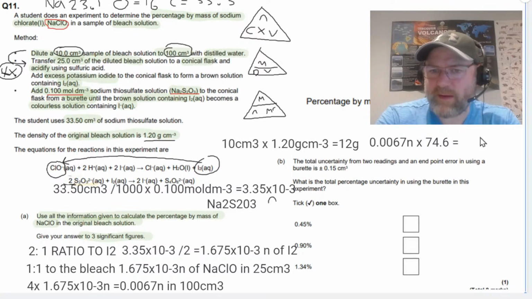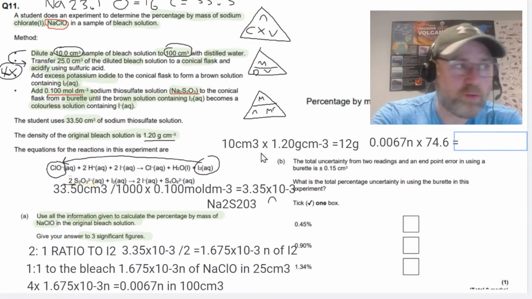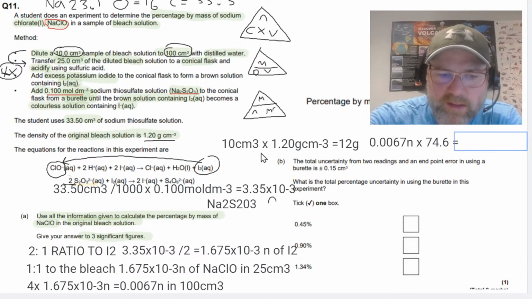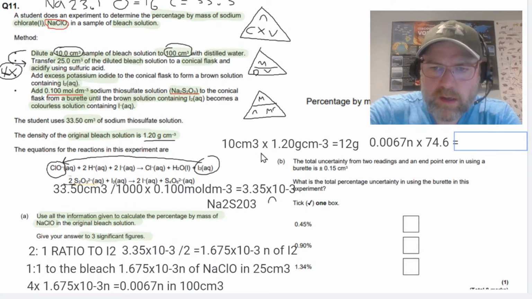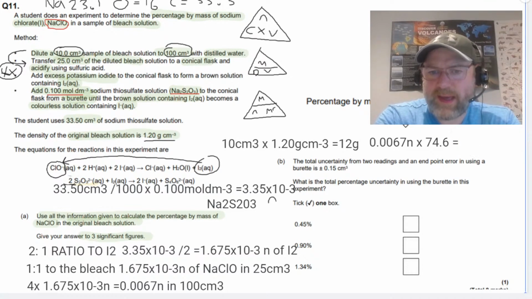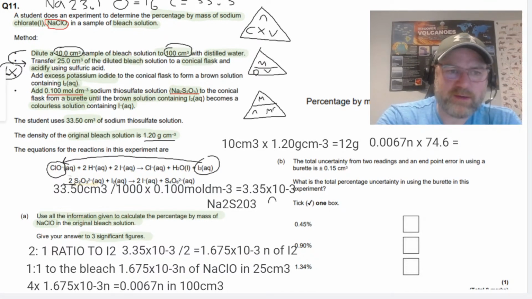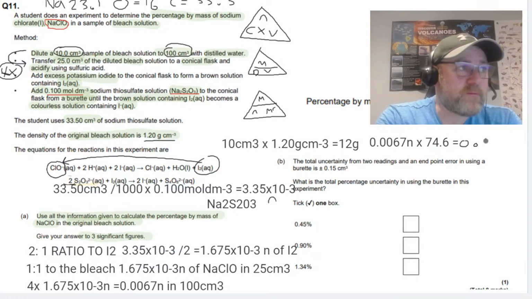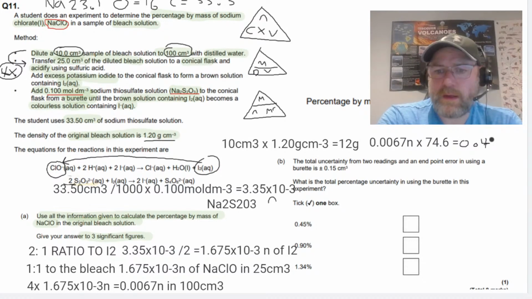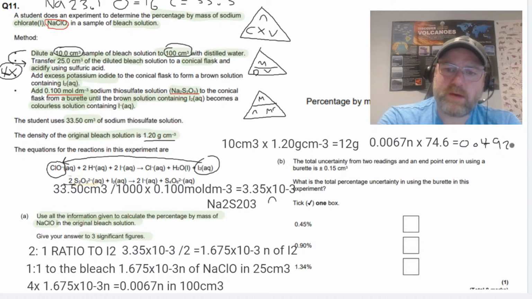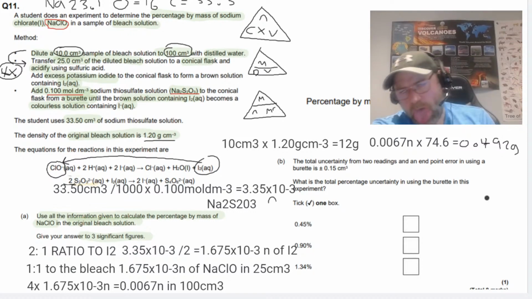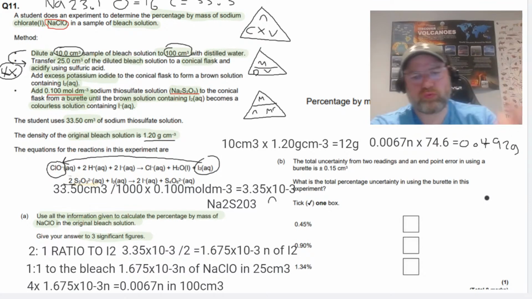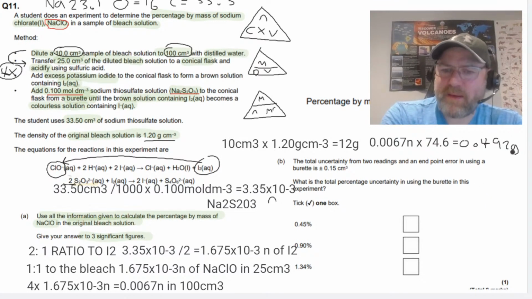I might have to call it a day after this. Right, we get 0.4. Oh, geez Louise, come on, mate. Sort it out, Tom. We get 0.492 grams. Okay, that's our mass of the bleach.